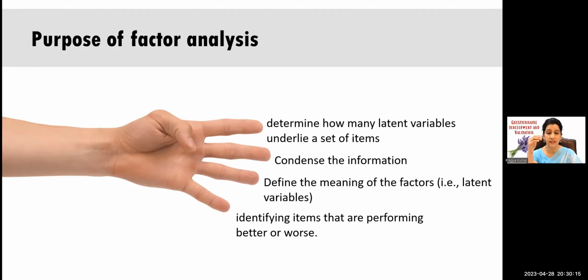And again, this exploratory factor analysis or factor analysis, it condenses the information. Say, for example, in the Big 5 personality inventory, which had 51 items, if there are 51 questions, how are you going to present your result? You can only present an overall score, but there will be only one analysis.